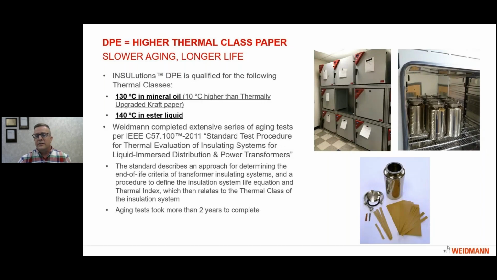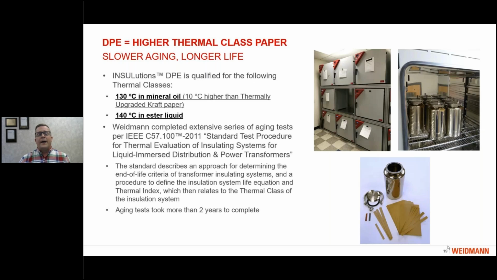One of the popular ways to determine the thermal class of these kinds of materials is to do what's called a sealed tube accelerated aging test. You can see some pictures on the right of our aging lab with our aging ovens and the aging sealed tube containers, and also a container itself with all of the contents opened up.